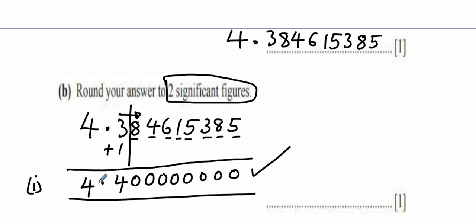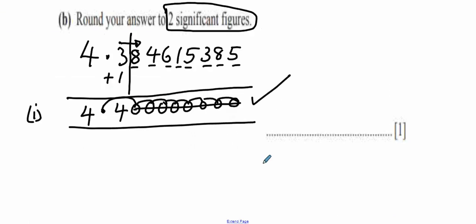However, you know the theory of decimal numbers, that the zeros on the right hand side of the decimal point may be cancelled. All these zeros may be cancelled. You see, the theory of decimal numbers, because this is not a whole number. So another answer will be 4.4.